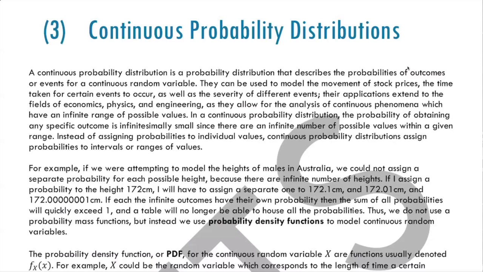Now that's like an intro, it doesn't really make much sense, but the whole next 2 pages try and explore what that means, okay? For example, let's say we're trying to model the heights of males in Australia. We can't assign a separate probability for each possible height because there's an infinite number of heights, right?